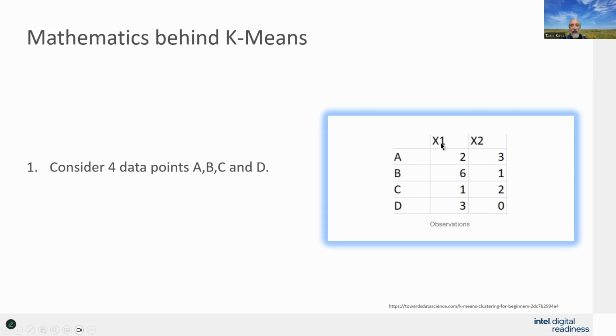You could treat these as an X and a Y on a graph if you wanted, but that's not really given information. But these are our observations. So we've looked at this information. The information's not labeled. It's just raw data, and it gives us the X1, X2 values for each one of these. Okay, 4 data points.